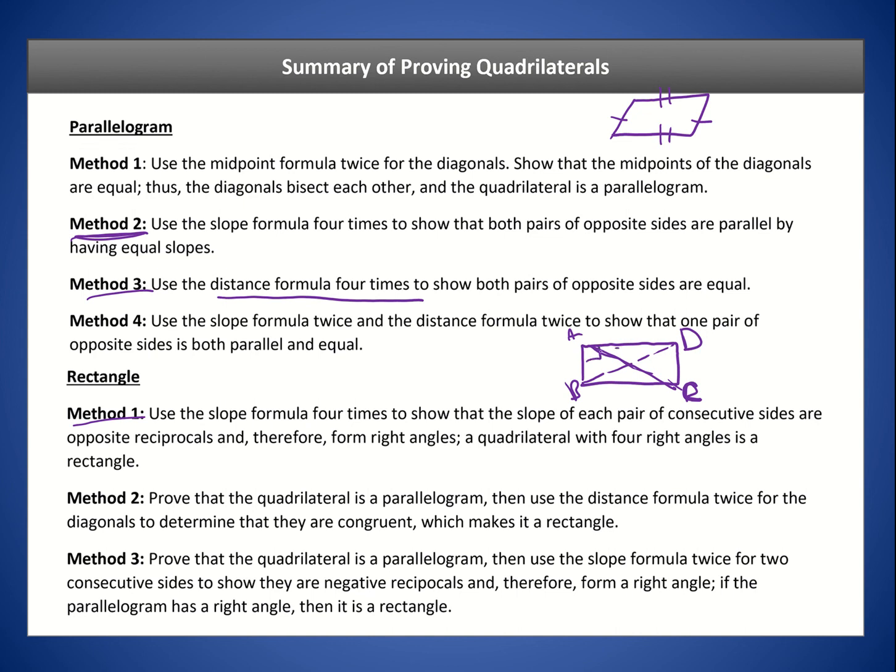So if you calculate the distance of the diagonals and show that they're congruent, then it's going to be a rectangle, as long as you showed that it's a parallelogram as well. So prove that it's a parallelogram first, and then use the distance formula for the diagonals to see if they're congruent. Okay, and that's just another example of how to prove the rectangle.